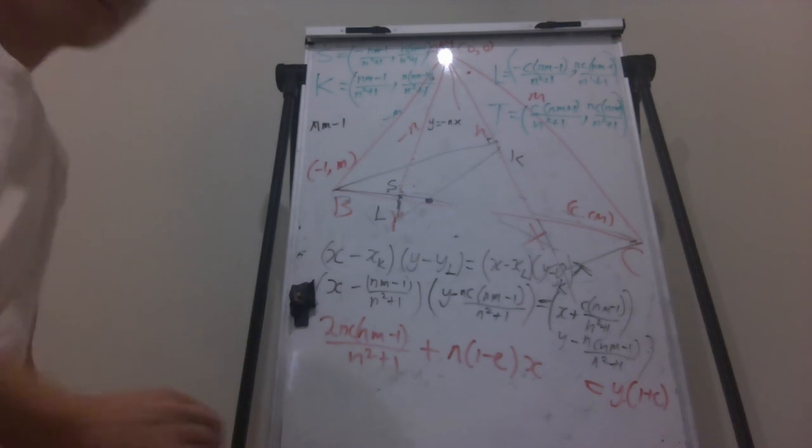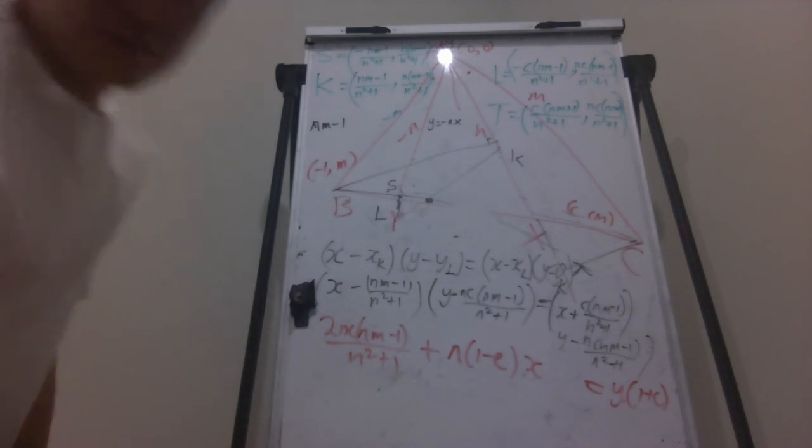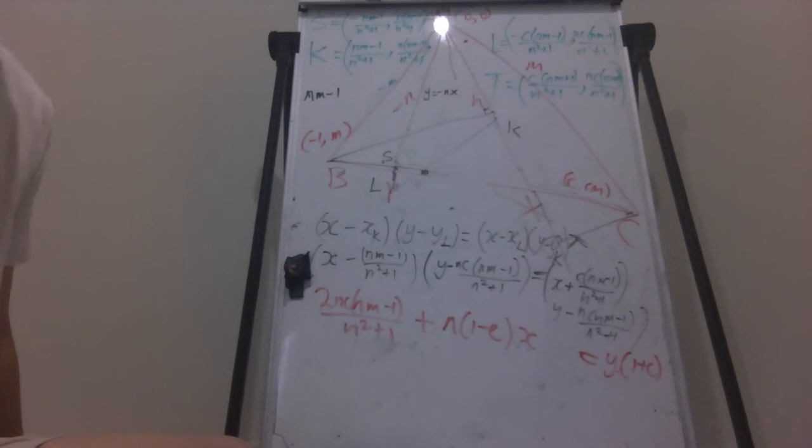Okay. Can you see what the other equation is, even without doing it? So whatever form you want it in, you can get the other one straight away, can't you?